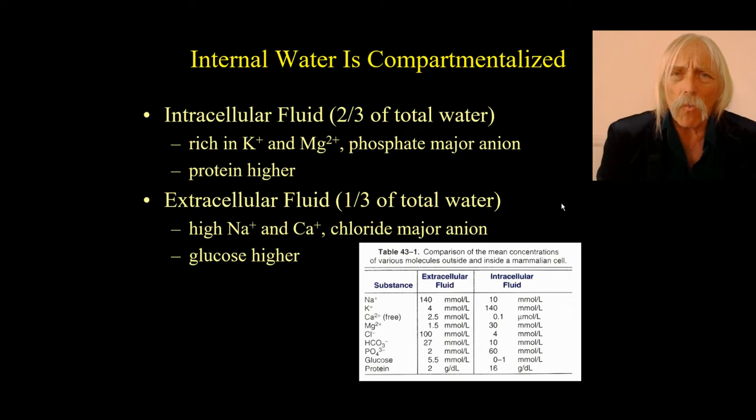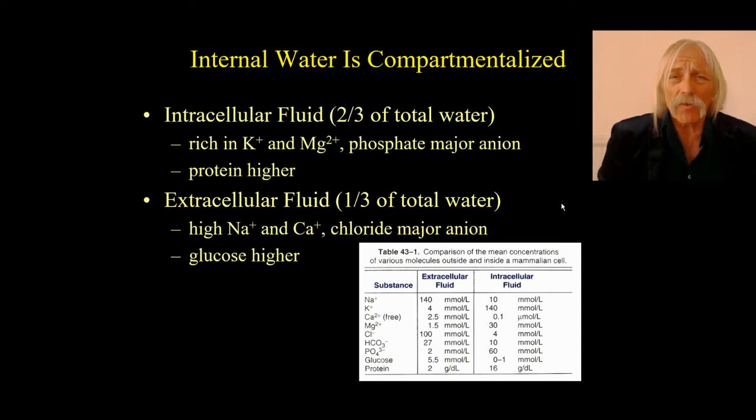So internal water also has to become compartmentalized. So if you think about it, intracellular fluid is about 2/3 of the total water, and it has a high concentration of potassium ions and magnesium. Phosphate is also a major anion. Protein concentration is higher intracellularly, so there's an osmotic gradient involved. And then you've got the extracellular fluid.